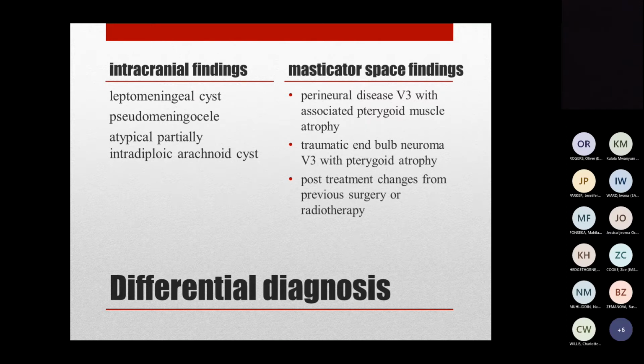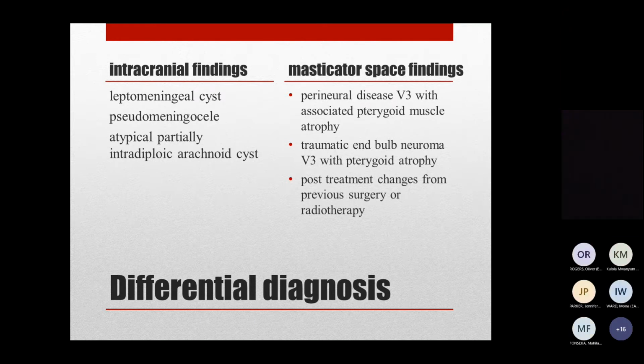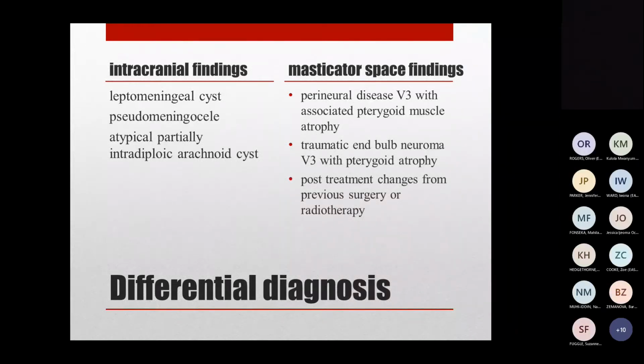The differential diagnosis for these two disparate findings, both the cyst in the middle cranial fossa and the masticator space changes, could include a leptomeningeal cyst from previous trauma or a pseudomeningocele. Could it be an atypical partially interdiploic arachnoid cyst?